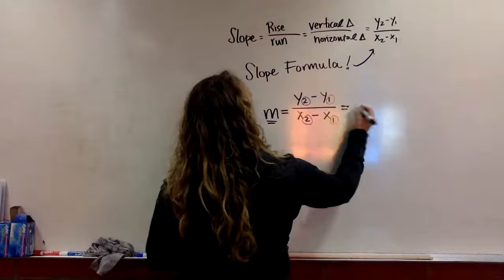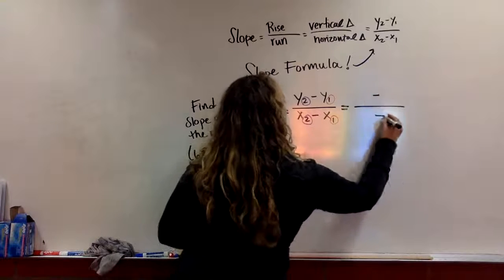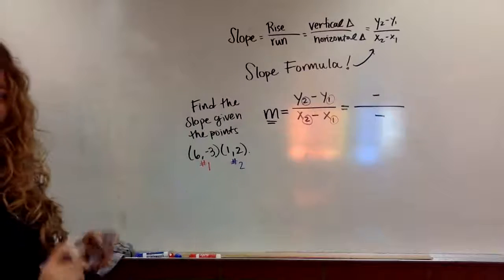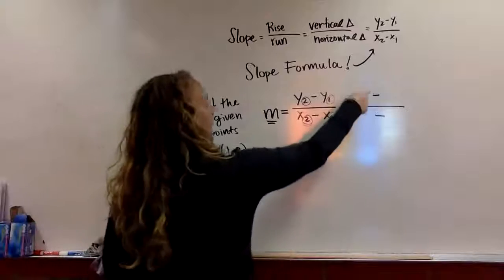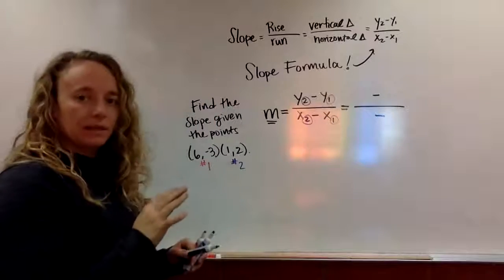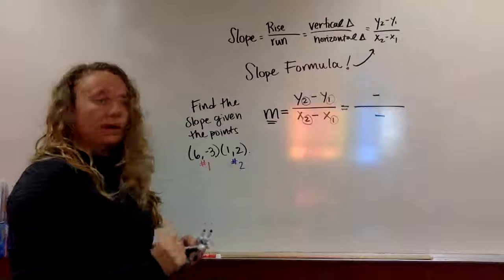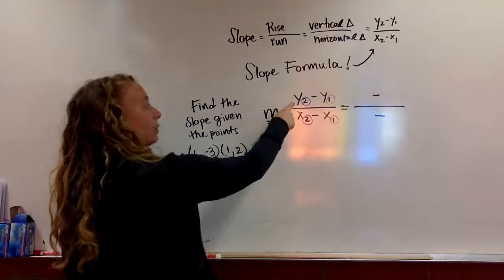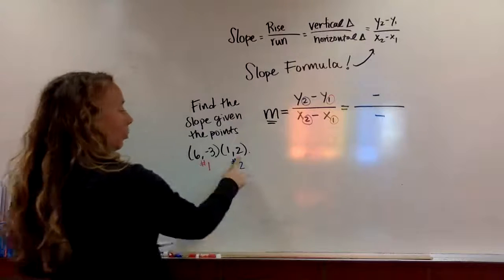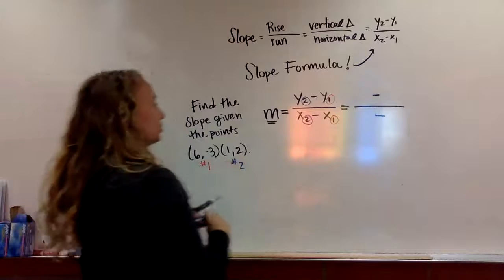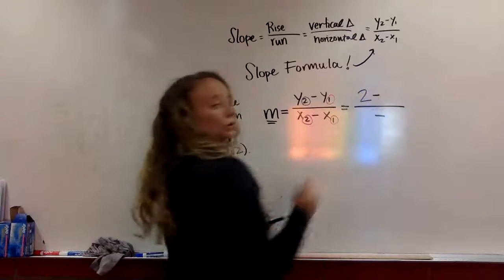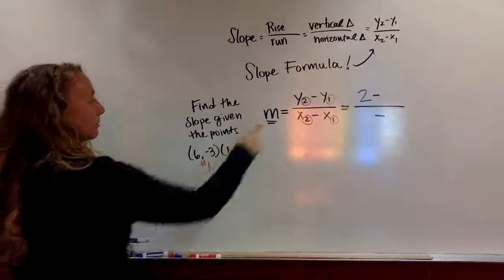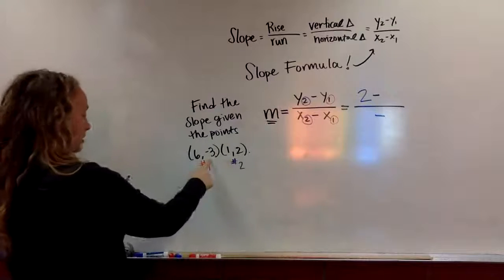So let's do this. I'm going to add my base format for this. So I have my fraction bar, I have the subtraction signs already built in, and now I'm just going to plug in some points. I need the y value of my second point. Y value of my second point is a 2, so I'm going to put that here. 2 minus my y value of my first point, which is a negative 3.